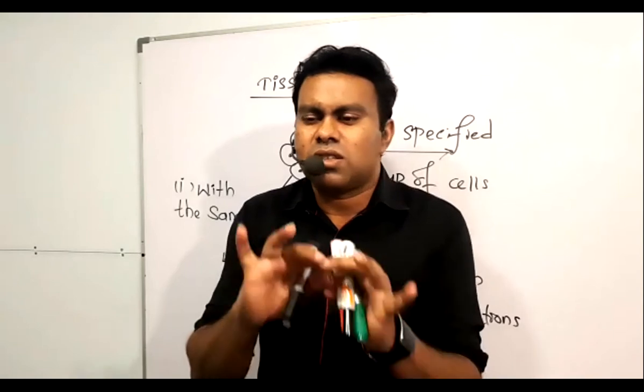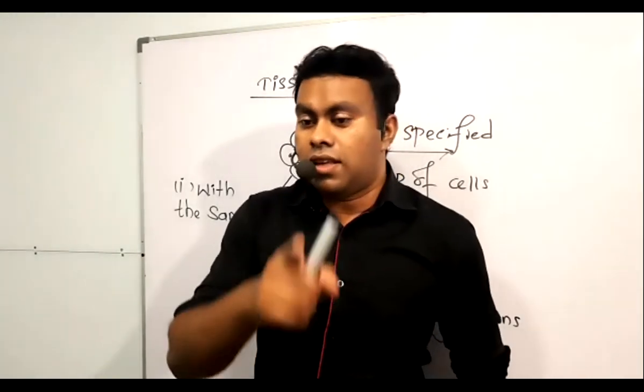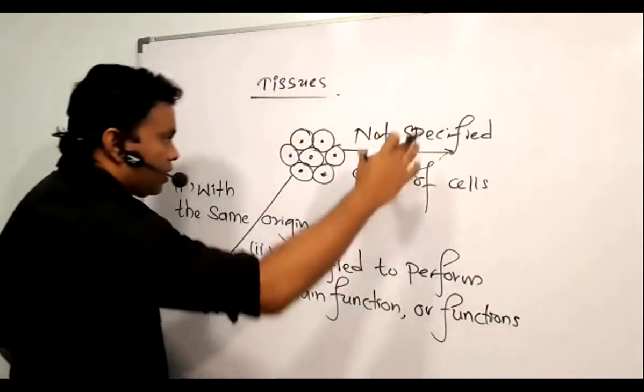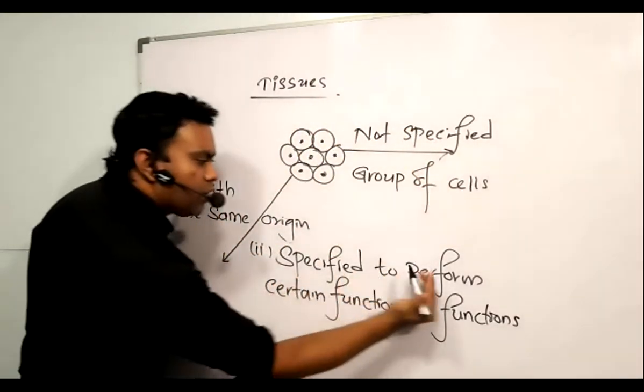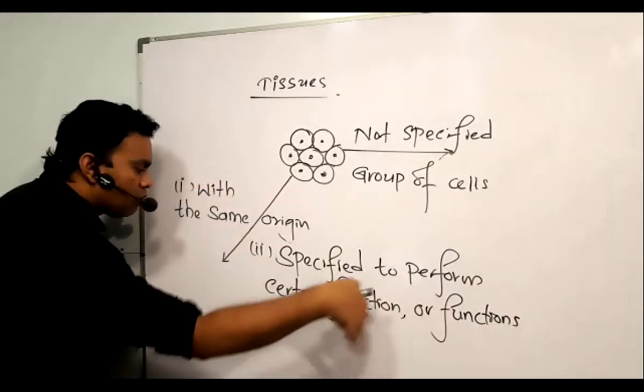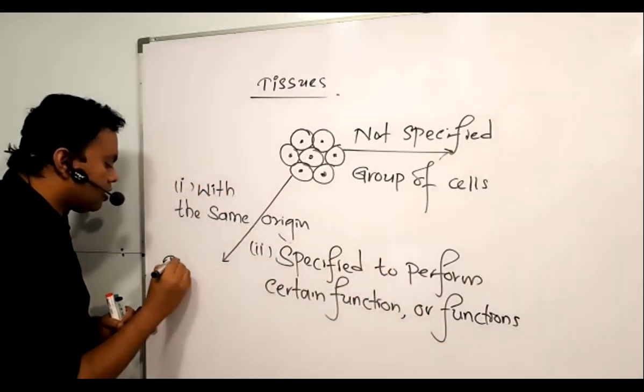නිකම්ම cells ගොඩක් විතරයි. ඒගොල්ලන්ට කියන්නේ අපි tissue එකක් නෙමෙයි. So a group of cells with the same origin and specified to perform a certain function or functions are known as tissues.